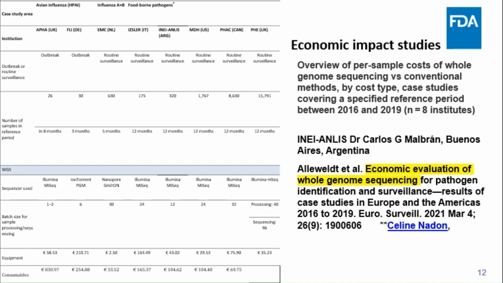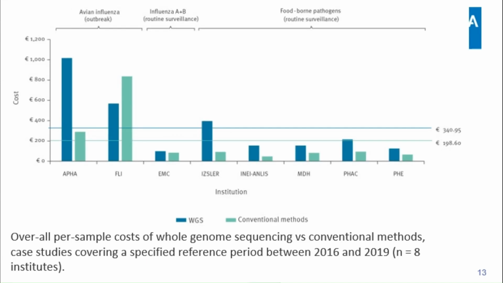And what I want to say is that on the far right are the biggest labs. These are big labs that are sequencing thousands of isolates. And then on the far left are smaller labs. And if you look at this, each laboratory calculated their overall per sample cost for whole genome sequencing, and they had broken it down into reagent cost and equipment costs and staff costs.